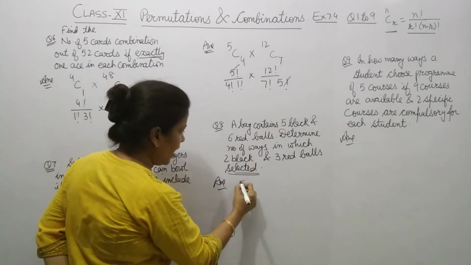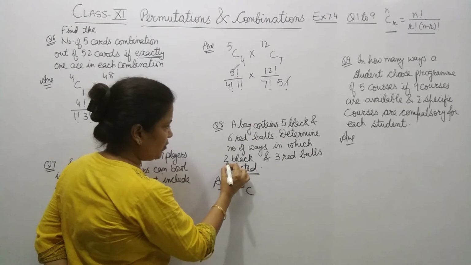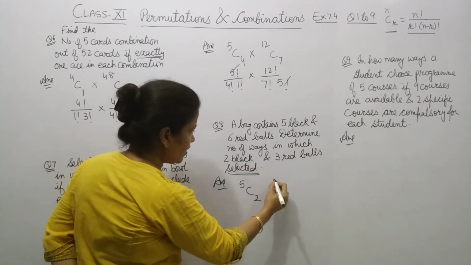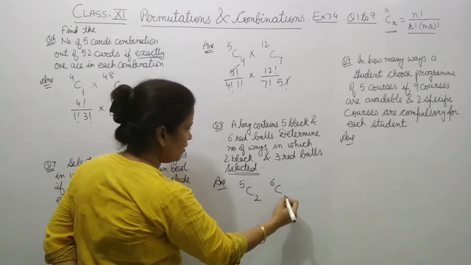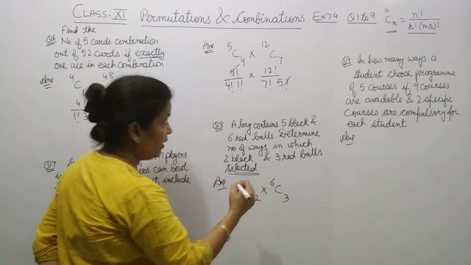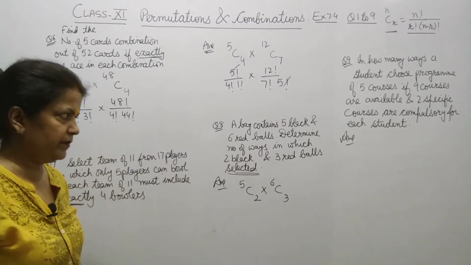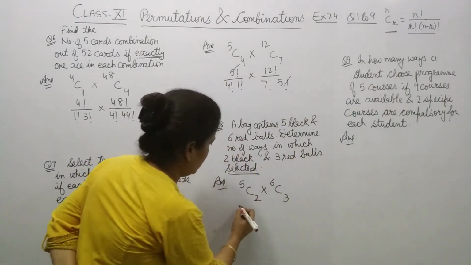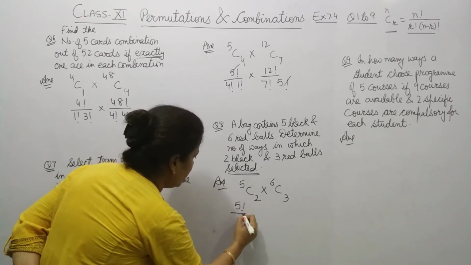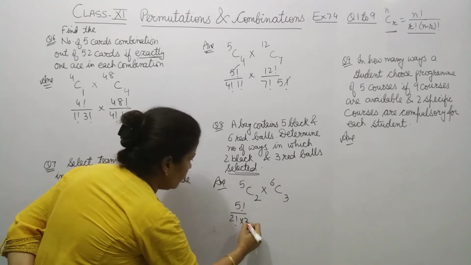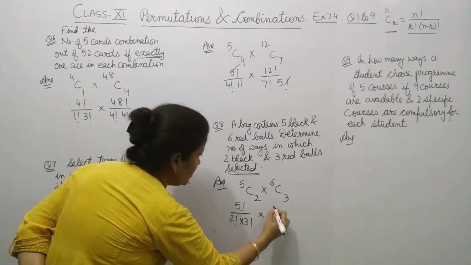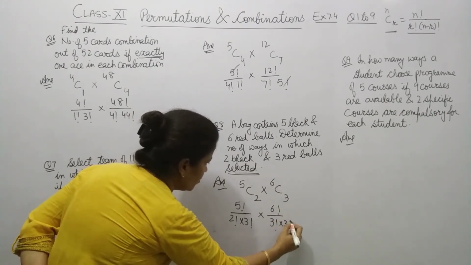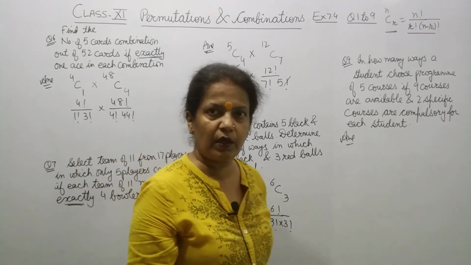Out of 5 black, we have to select 2, and out of 6 red balls, we have to select 3 and multiply together. Then you can write 5 factorial upon 2 factorial into 3 factorial, multiply 6 factorial upon 3 factorial into 3 factorial. Clear?